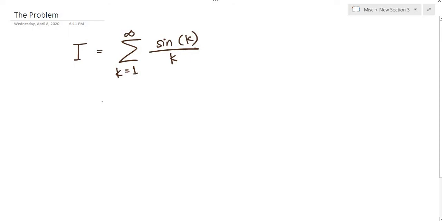As I showed you in one of my videos, sine x can be written as e raised to ix minus e raised to negative ix divided by 2i.